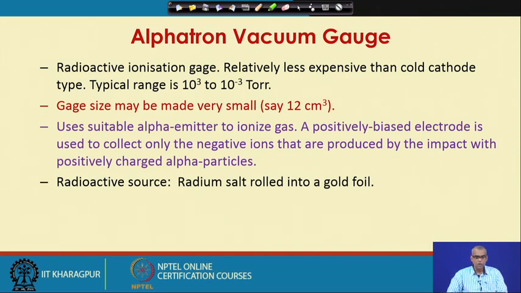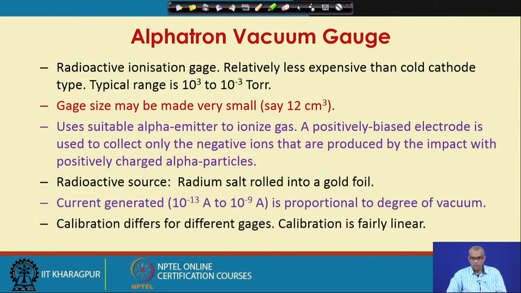Typically, as radioactive source, we use radium salt rolled into a gold foil for alphatron. Current generated is proportional to the degree of vacuum, and it is very small, of the order of 10 to the power minus 3 ampere to 10 to the power minus 9 ampere.